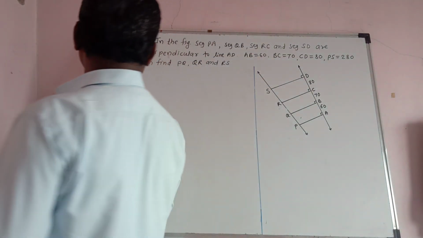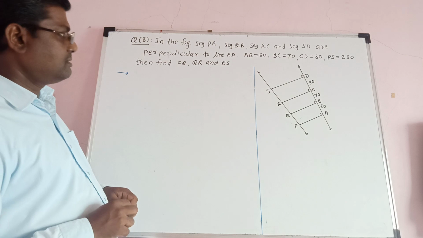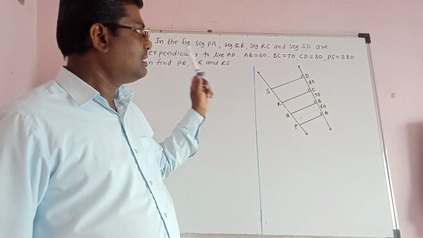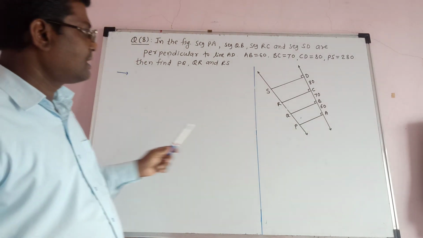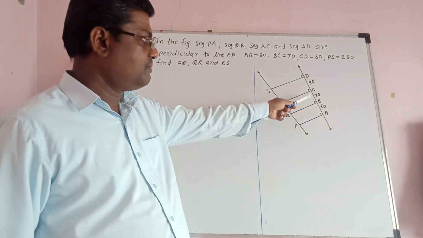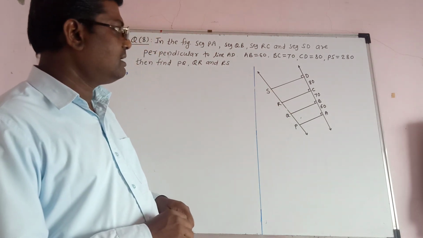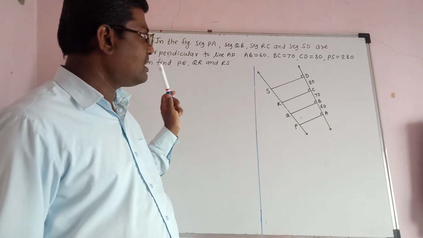Question number 8. In the figure, segment PA, segment QB, segment RC, segment SD are perpendicular to line AD. AB is equal to 60, BC is equal to 70, and CD is equal to 80. And PS is equal to 280.